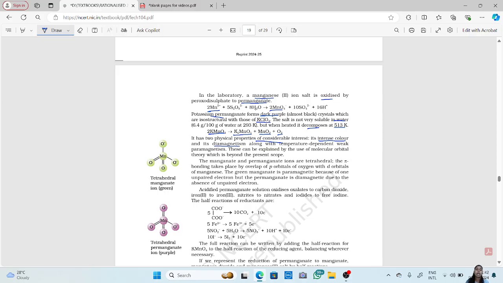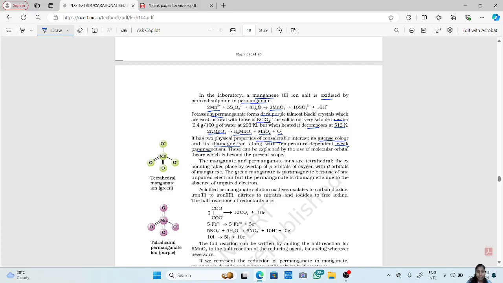KMnO4 is diamagnetic, but it depends upon temperature also, because when you heat KMnO4 at 513 Kelvin, it decomposes, right? So it is temperature dependent. Since it is temperature dependent, it also shows a weak paramagnetism. So a molecule which shows both diamagnetic and paramagnetic characters is also one of the considerable features of the KMnO4 molecule.